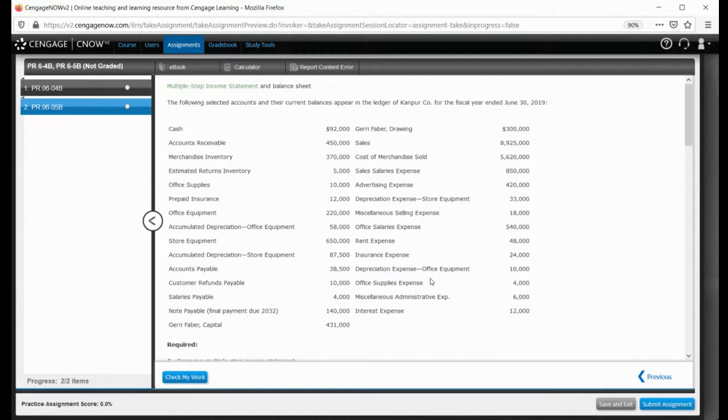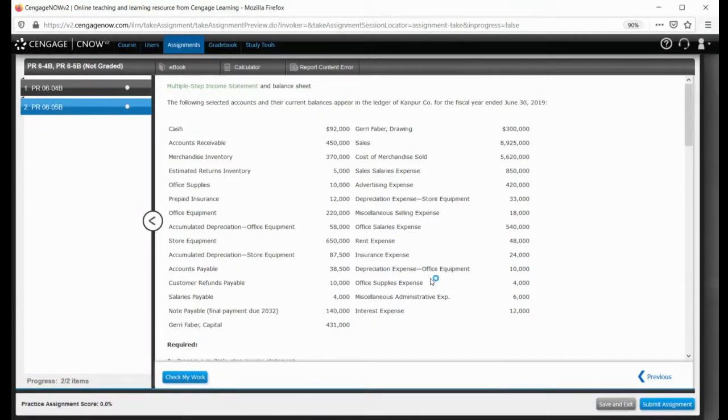Those expenses have to do with the office, and they also have to do with the general operating expenses of the company, such as rent expense or insurance expense is sometimes included with those general types of expenses.